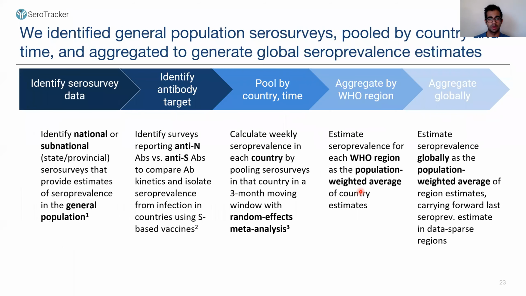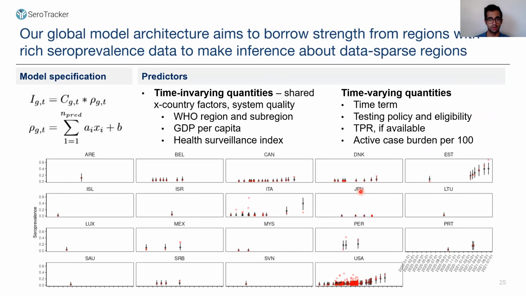I'll skip over some of the more crude work we've done and just briefly say that we're also building similar statistical models where we don't just use the test positivity rate as a predictor of ascertainment, but also look at time invariant quantities like WHO region, GDP per capita, the Global Health Surveillance Index, and time varying quantities like the testing policy in the country at a given point in time, in order to understand what's actually going on in terms of ascertainment.